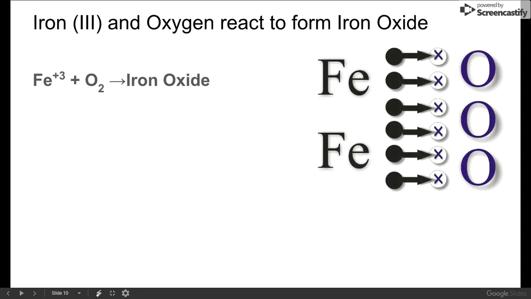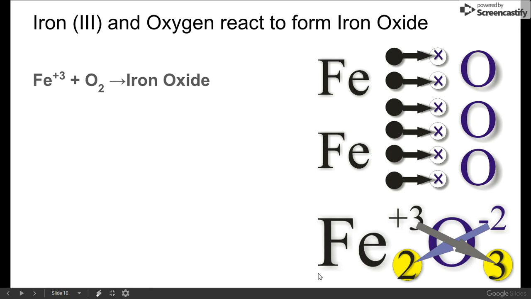3 and 2. It's one of them old 2-3 splits, is it? So it's going to look like Fe2O3. That's the game, is it? Now, 1 went in, 2 shows up. 2 went in, 3 shows up. Whatever shall I do?